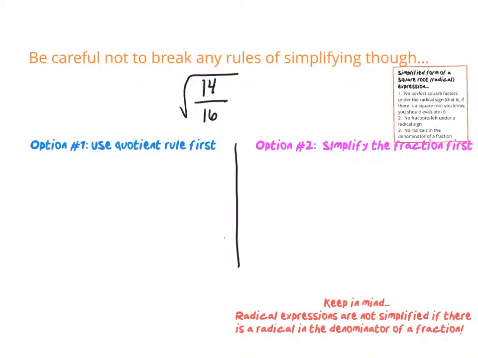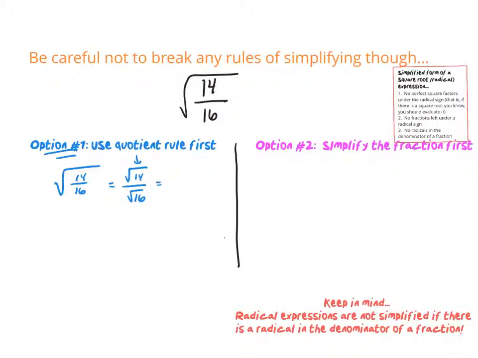So the example that we have here, the square root of 14 over 16, is another important example because we've been talking about two different ways that we could approach this problem. So let's do option number 1, where we're just going to use the quotient rule first. So in other words, if I have one fraction under one square root, I could give the top its own square root, and I could give the bottom its own square root. Then I would simplify the top and the bottom separately.